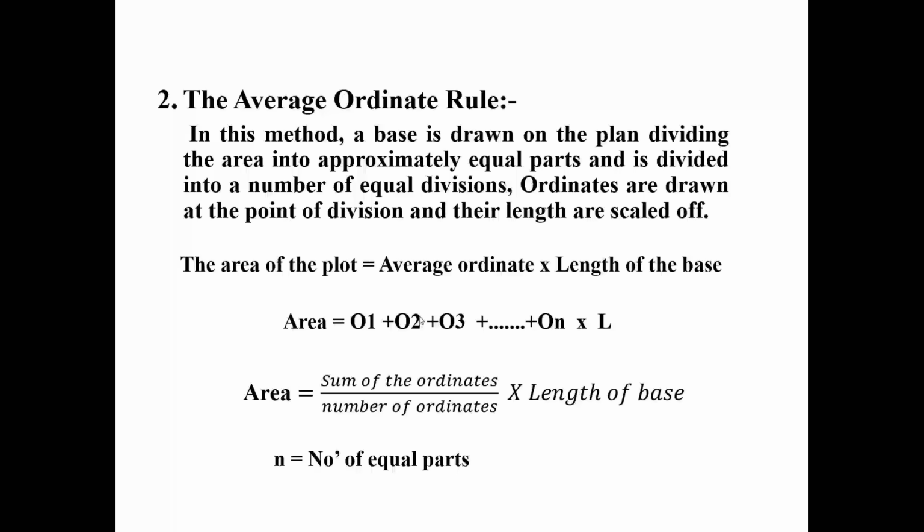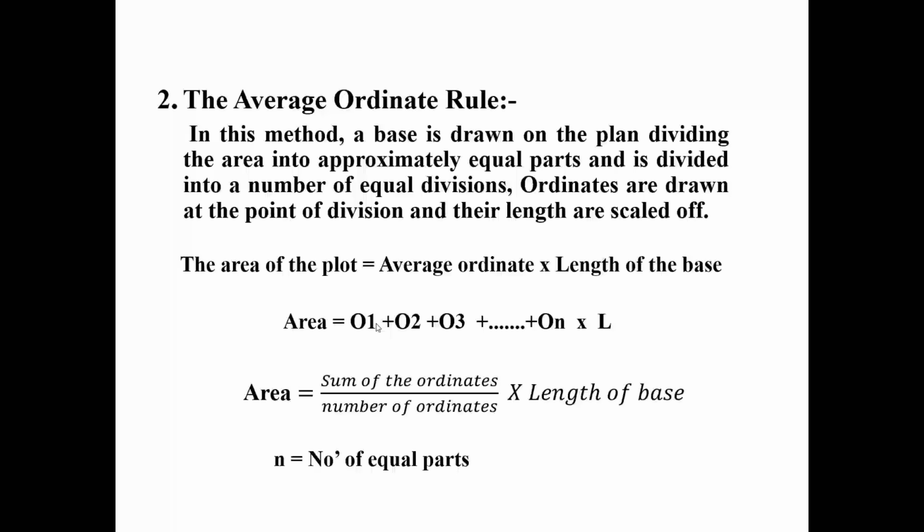But here, the ordinates are drawn from the starting point of AB and from each point of the equal divisions, and their lengths are measured. Then the area of the plot equals the average ordinate into the length of the base.